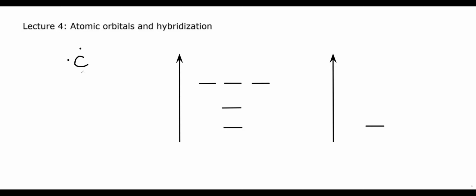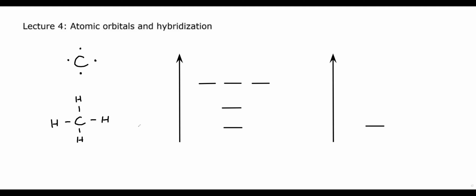We have a C with 4 bonds around it. We could make CH4, for example, using carbons and hydrogens, just a simple tetrahedral structure here, carbon with 4 hydrogens.